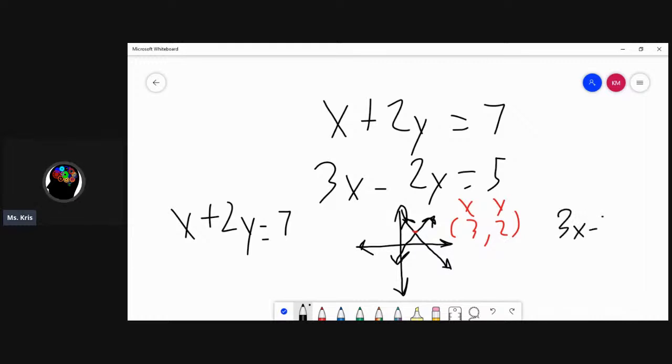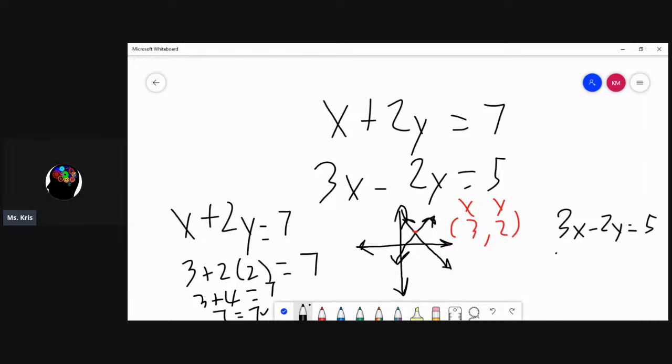Then you have 3x minus 2y equals 5 over here. X is 3 plus 2 times 2, because y is 2, equals 7. 3 plus 4, because we're still doing order of operations, that equals 7. 7 equals 7. That checks out.